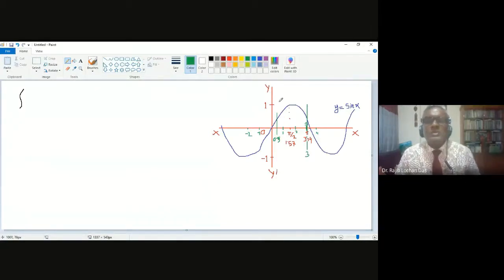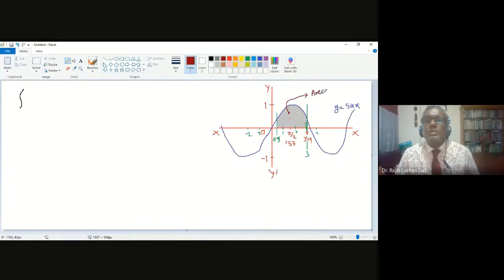Now, say this area is shaded gray, and I am asking you to find the area of this gray region. What is the area of this region?